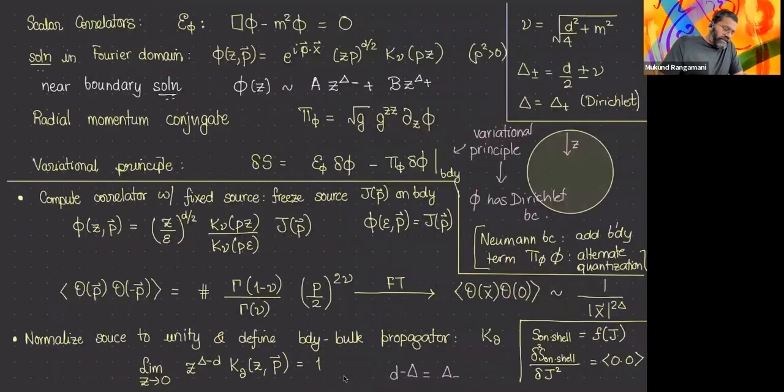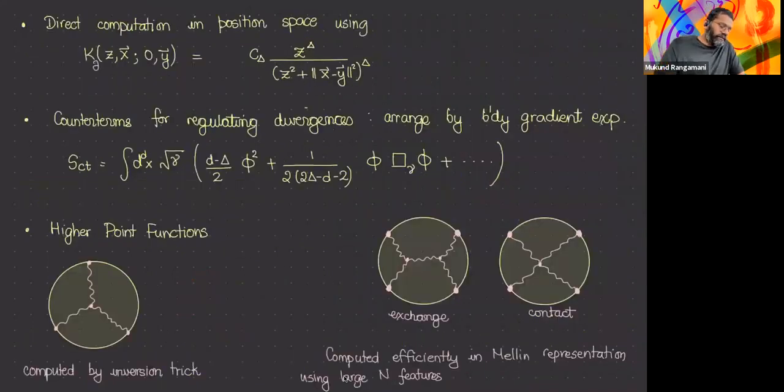When you're doing calculations with a fixed cutoff, I cheated in writing this formula. There are subleading divergences here, the terms that blow up as epsilon goes to 0, and they need to be regulated. You can regulate them by adding a counter term action, which is the whole story of holographic renormalization. The counter terms you can add are the same kind of counter terms you can add in field theory.